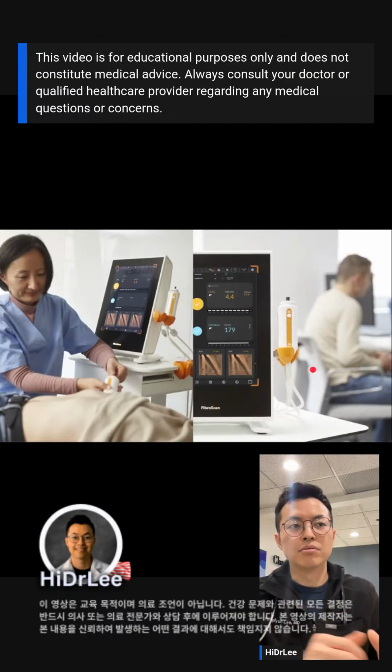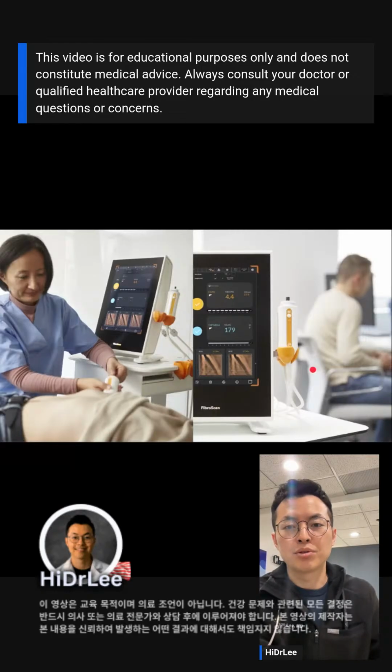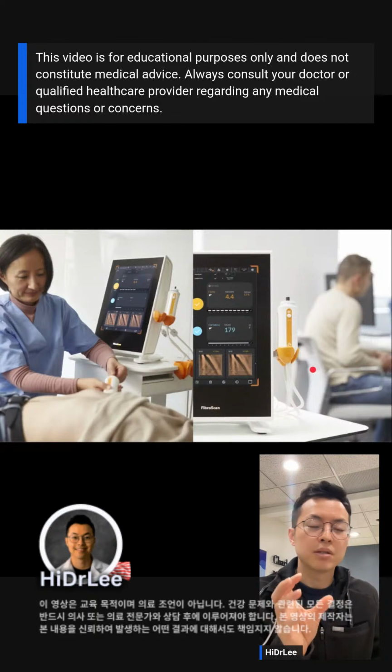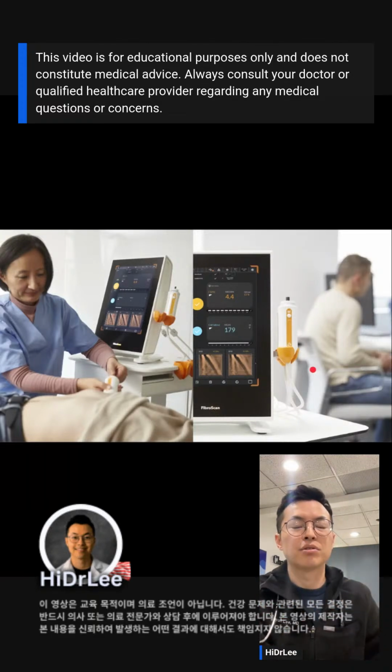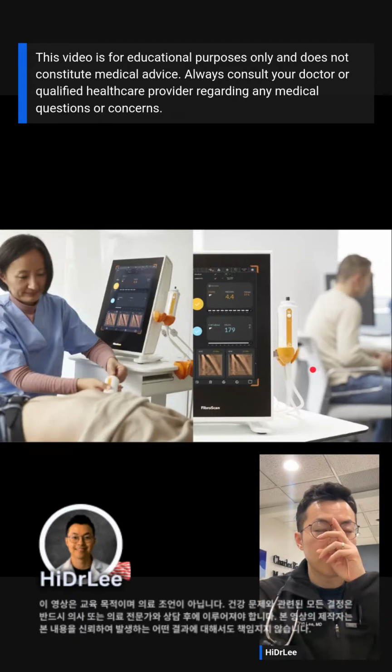Regular ultrasound, CAT scan, or MRI can also tell whether you have fatty liver disease or not, but they don't tell you exactly how much fat is in the liver. Fibroscan tells you exactly how much fat you have in the liver.